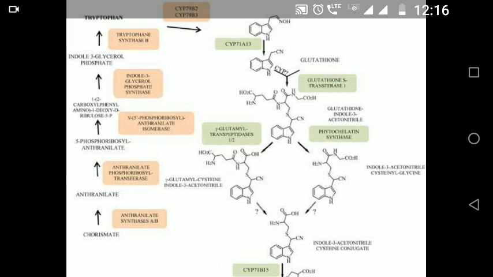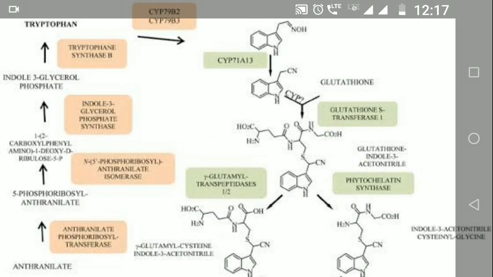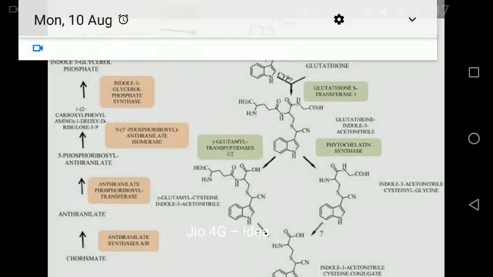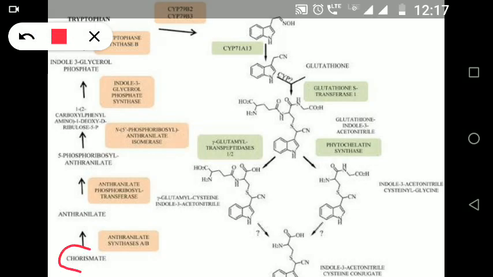So if you look at the biosynthetic pathway of tryptophan from chorismate, chorismate is here. From chorismate we will get anthranilate, and from the anthranilate we will get PRPP anthranilate, and from that we will get another intermediate, carboxyphenyl amino deoxyribulose 5-phosphate.